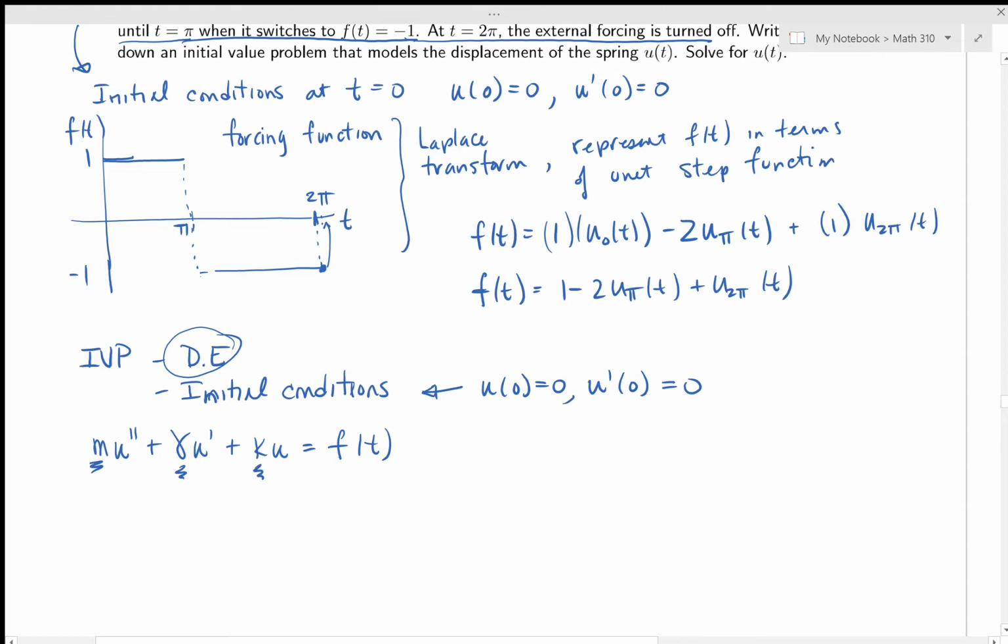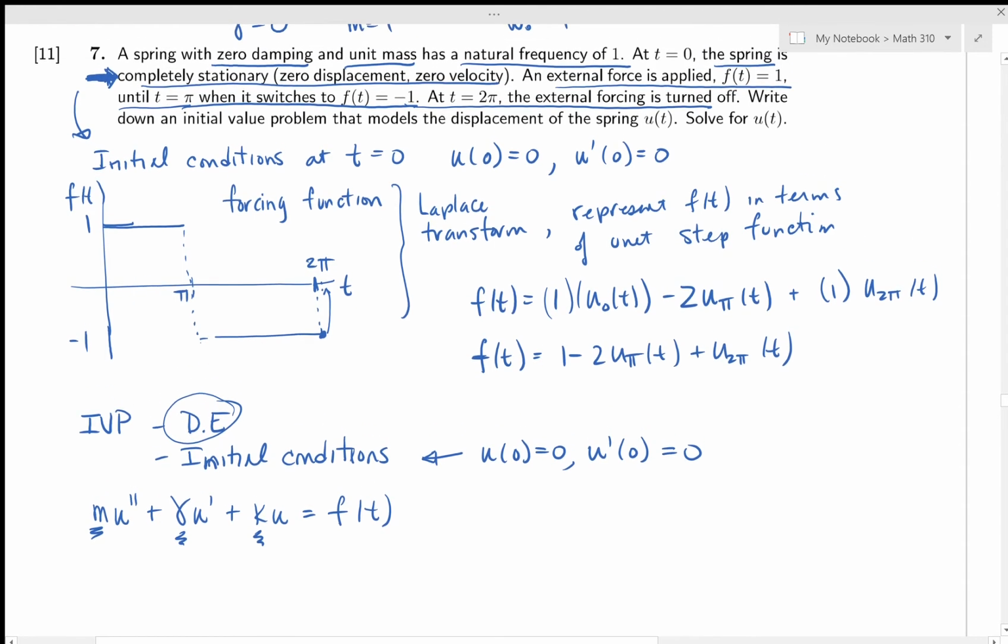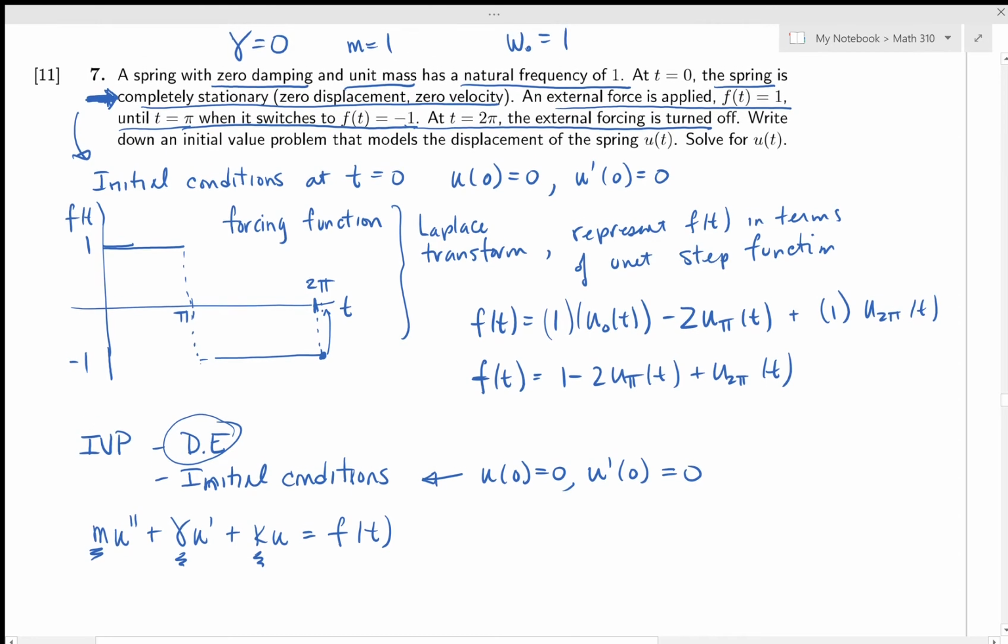So I'm already fairly far along in being able to find out what to do here, and that is I know already that the mass is equal to 1. I know that the damping coefficient is equal to 0. I need the spring constant, k. Okay, what else do I know? I know that the natural frequency is 1. Then we also know that the natural frequency is the square root of the spring constant over m. Okay, so m is 1.